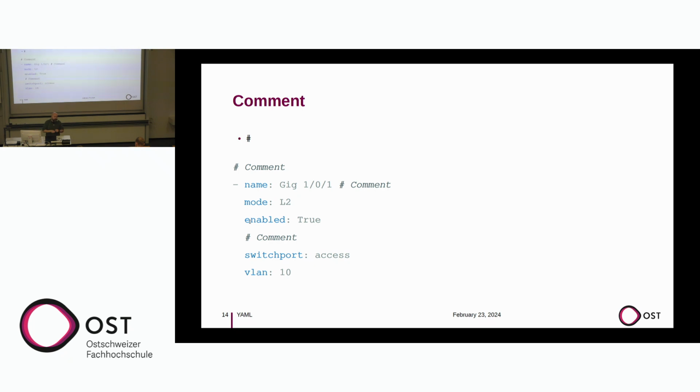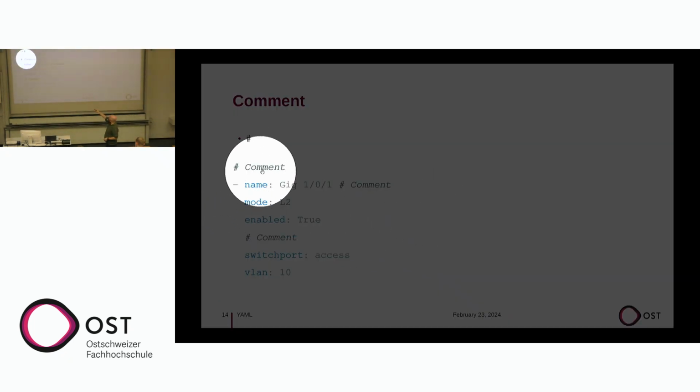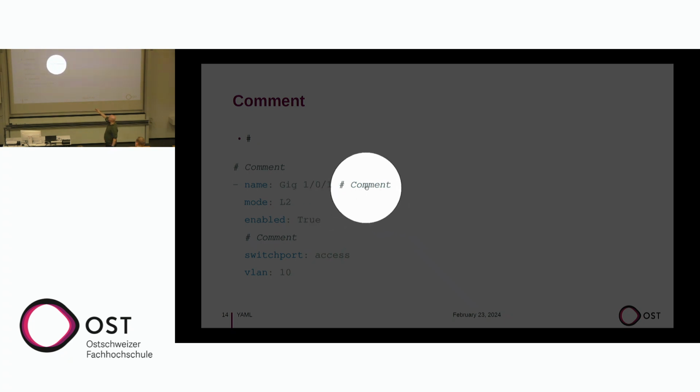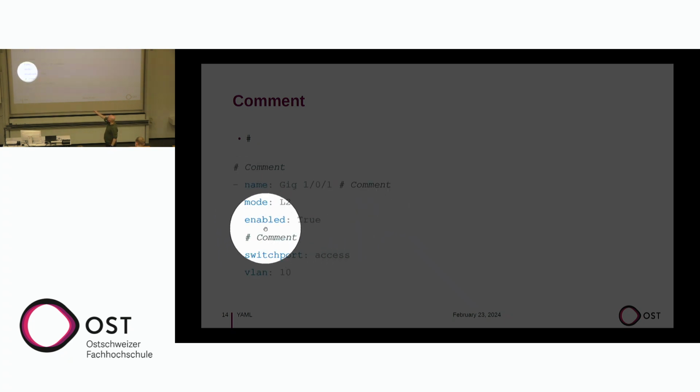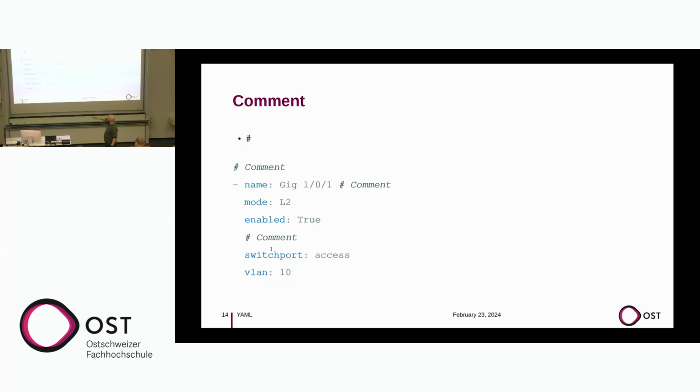And now the first feature that JSON does not have is comments. With the hash, we can write comments. We can write comments on a new line, behind a scalar, or between entries of a dictionary or map. I really like this feature because sometimes I want to make a comment on why I put this setting here, for example.